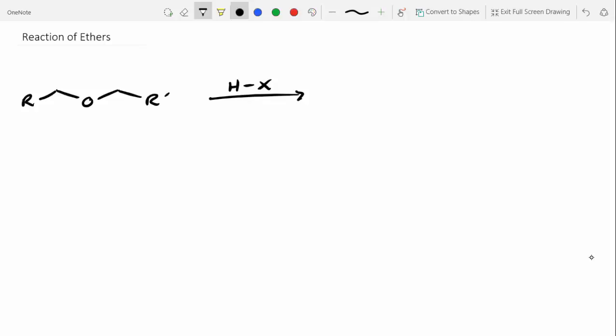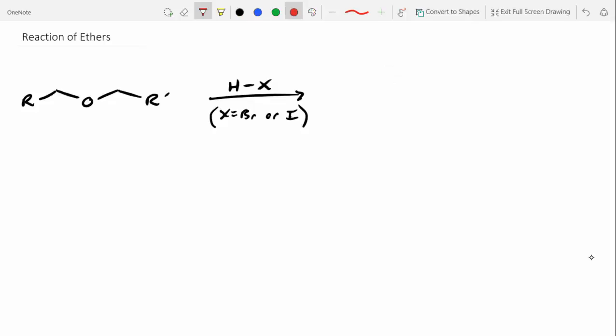What do you think the first step will be? Yeah, exactly. We could actually protonate this. However, in order to protonate the oxygen on an ether, we must use hydroiodic acid or hydrobromic acid. Hydrochloric acid is not strong enough in this case.